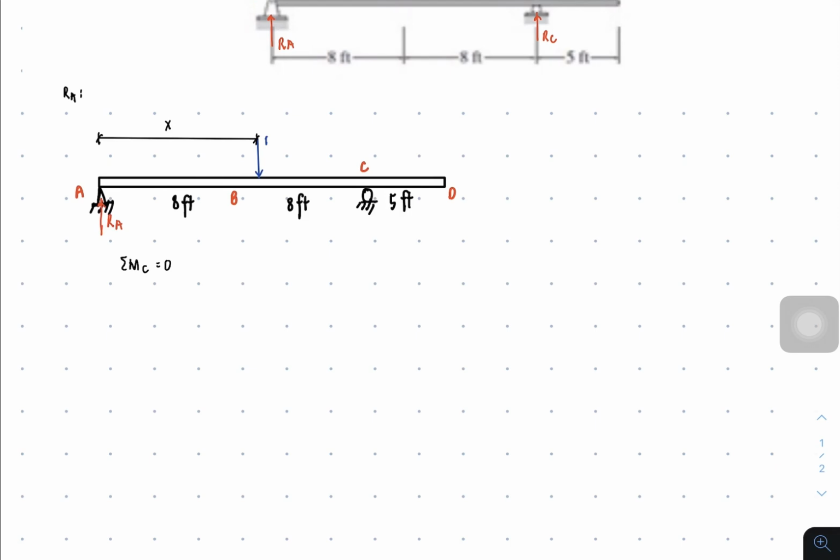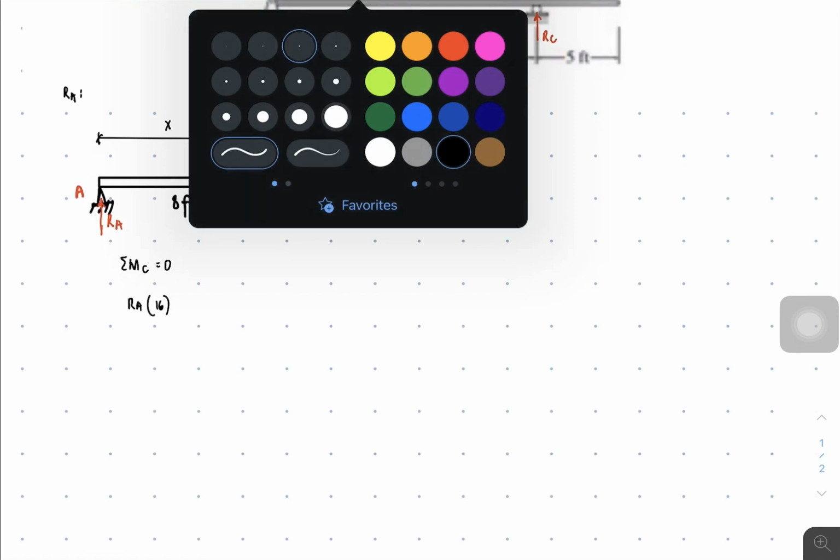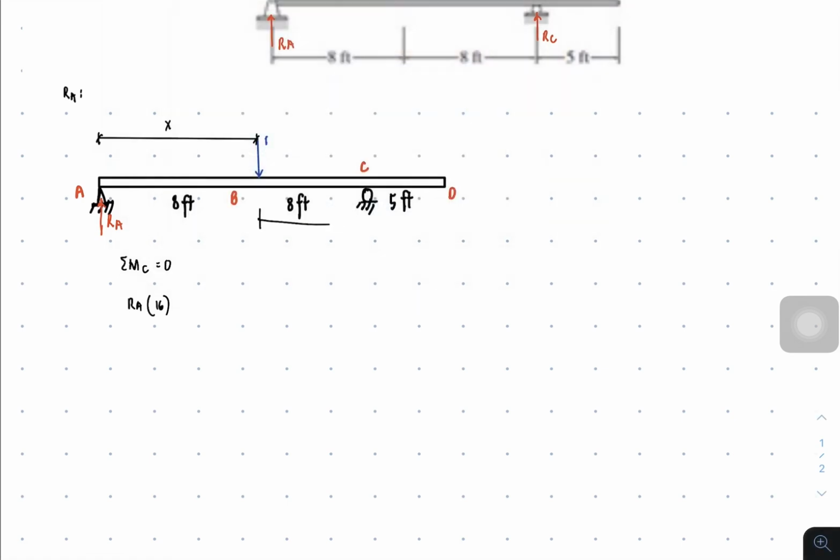So clockwise positive, counterclockwise negative, and you'll have RA clockwise times the distance from A to C, which is 16, and the 1 unit to be rotated about point C. So the 1 unit moment arm about point C is the difference between 16 and X, right?